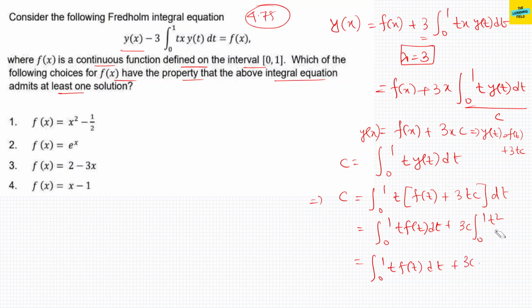Sorry, this is only t², not t² by 2. The integral of t² is t³ by 3, and putting the limits gives 1 by 3 only, so the 3 cancels. Now c is present on both sides.